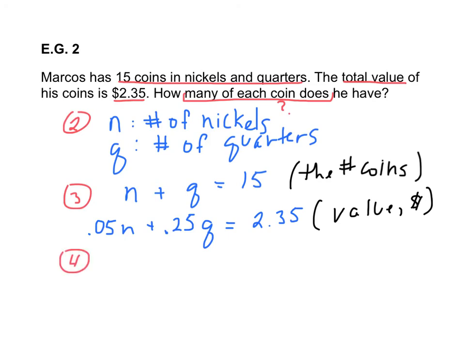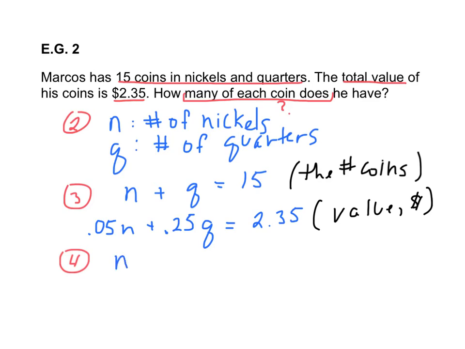In the fourth step, we're solving the system. We're not specified the method to follow. Because of my first equation here, N plus Q, I'm going to jump to the substitution method. So I'm going to get N by itself here and move the Q over to the other side.